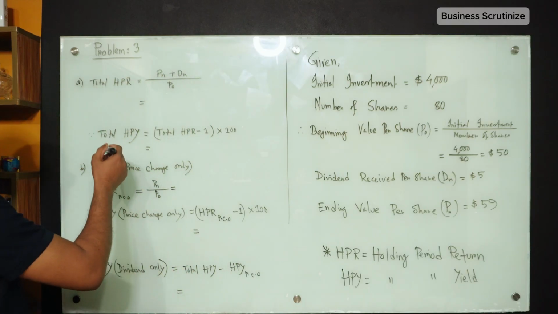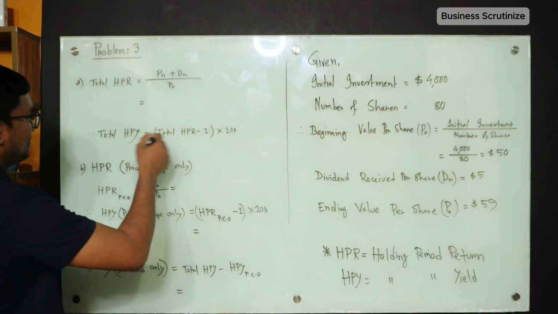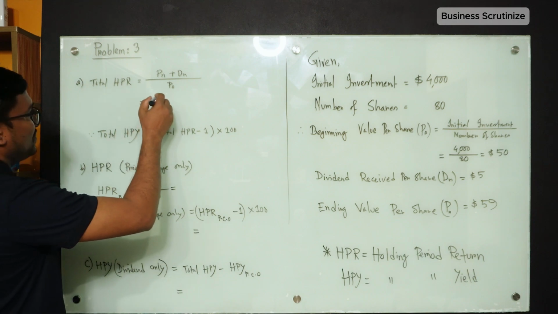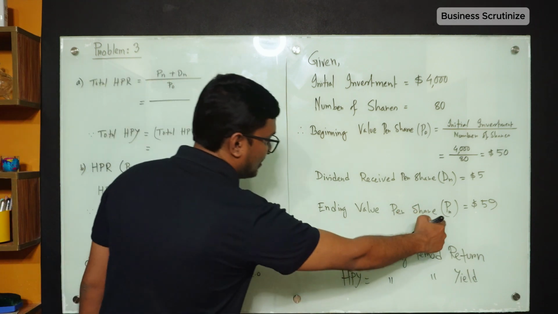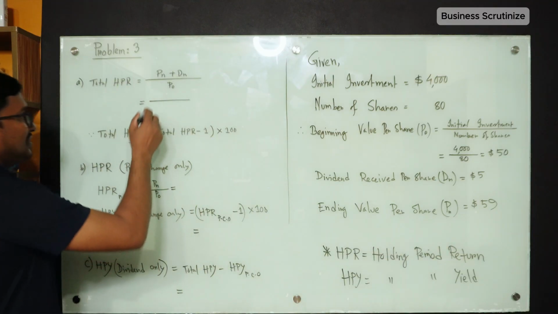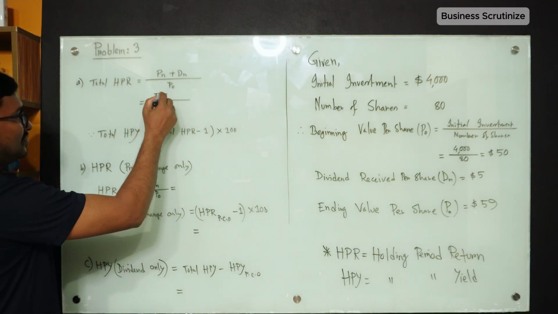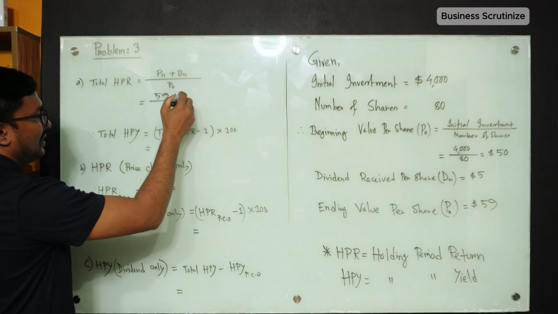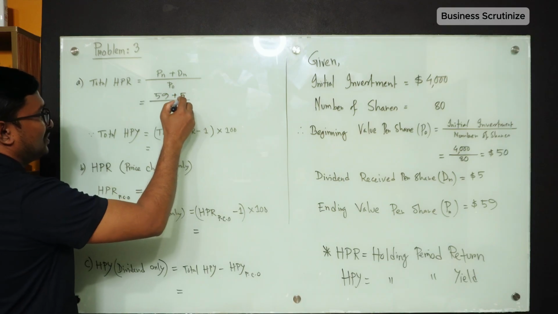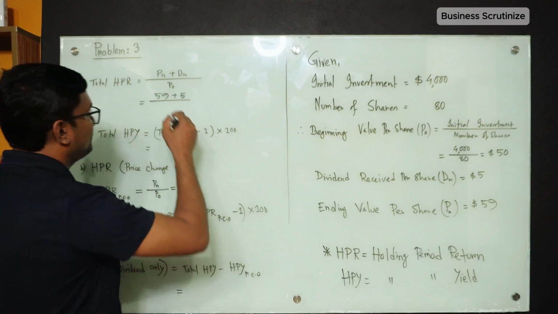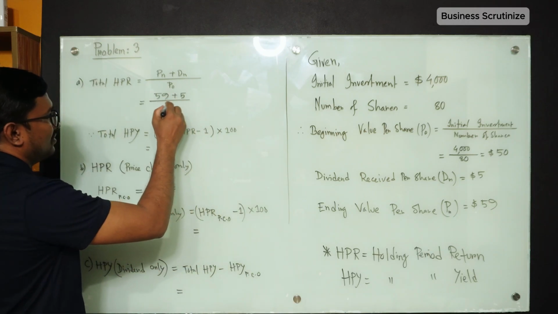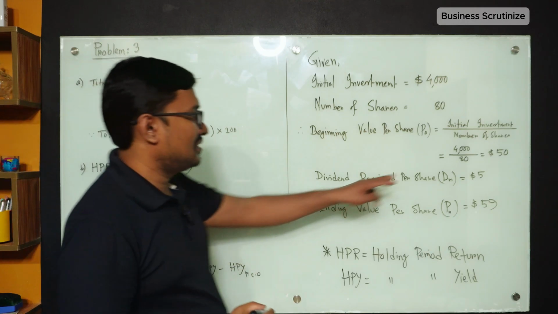First requirement, total HPY. To get total HPY, we have to compute total HPR. Here we have PN, the ending value per share, which is $59, so we write 59, plus the dividend received during the period per share, $5, divided by the beginning value per share, which is 50, as we computed earlier.